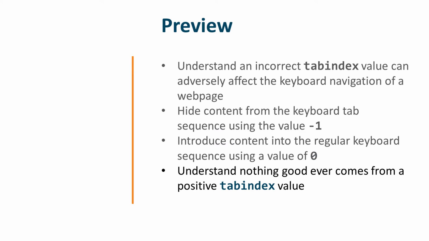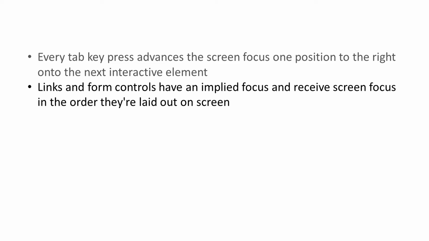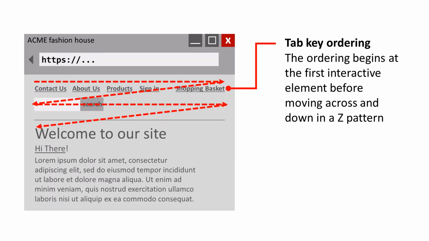Every Tab key press advances the screen focus one position to the right onto the next interactive element. Links and form controls have an implied focus, and these elements receive screen focus in the order they're laid out on screen. This ordering begins at the very first interactive element at the top of the screen before moving across and down in a sort of Z pattern, depending how a page is structured.